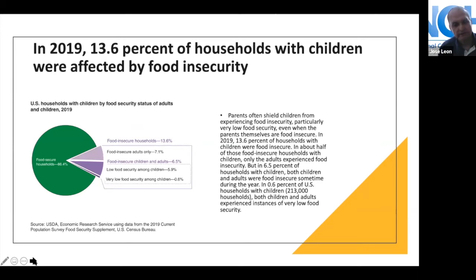The reason is that patients affected by food insecurity sometimes try to make sure that their children have access to food, and sometimes they sacrifice their own ability to get food in order to make sure that their children receive the food that they need. And that is going to have an impact on patients with either pre-diabetes or diabetes. Next slide.